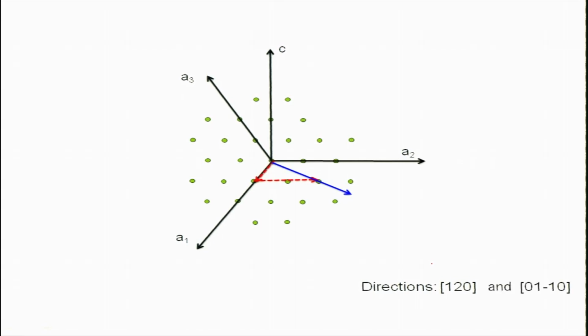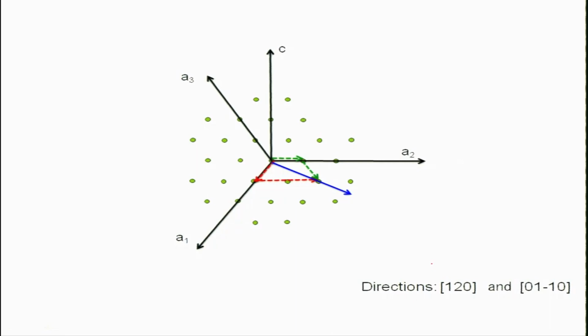In the 4 coordinate system, it will become [0 1 bar 1 0]. So if we draw this now, there is nothing along A1, there is 1 along A2, there is minus 1 along A3, and if you connect the final and initial point, it is the same direction.